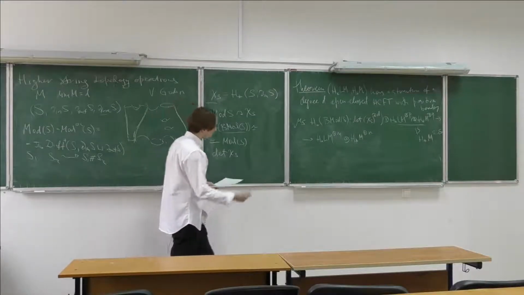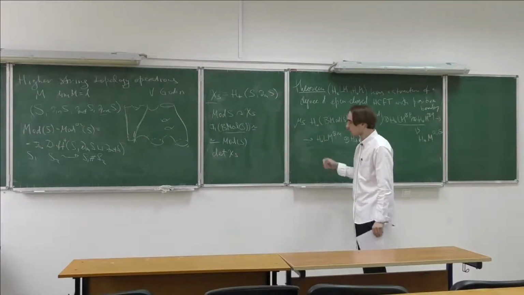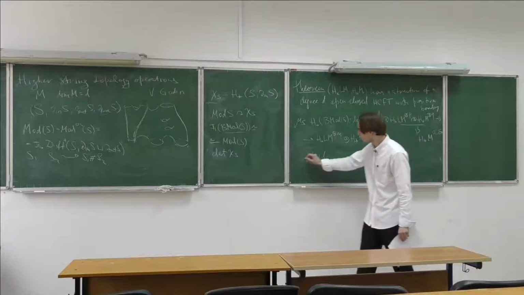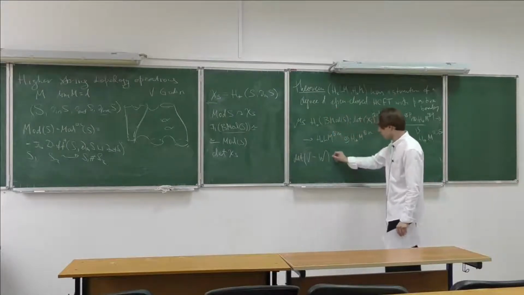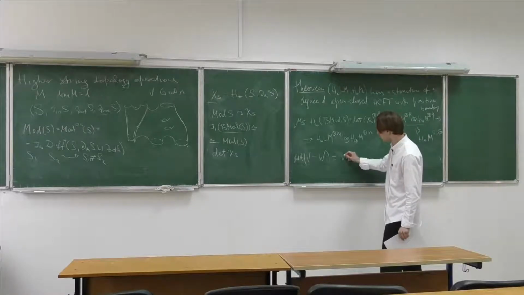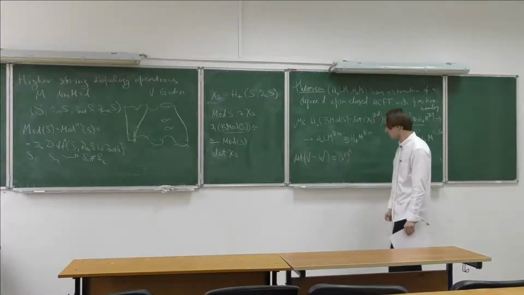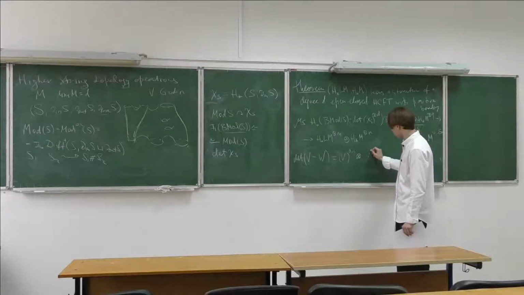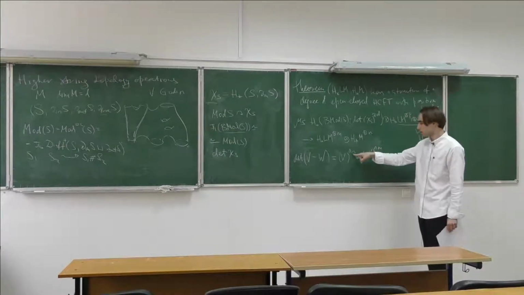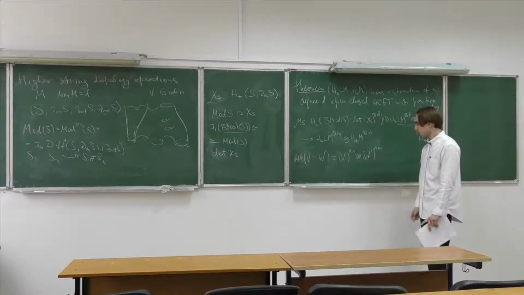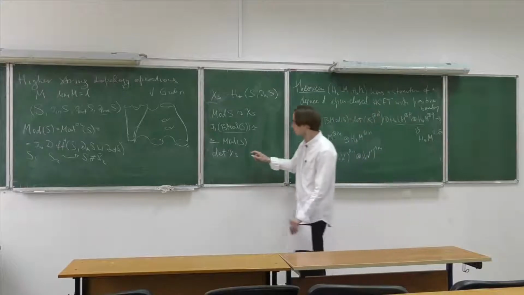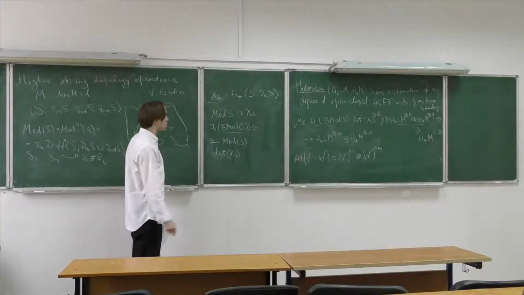So if we have a virtual vector space, for example, V minus W, then by definition the determinant of the space is V to the exterior power of n tensor W dual to the exterior power of m, where n is the dimension of V and m is the dimension of W. So this is just a one-dimensional space, and hence the determinant bundle is a line bundle.